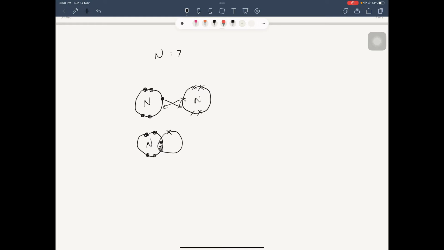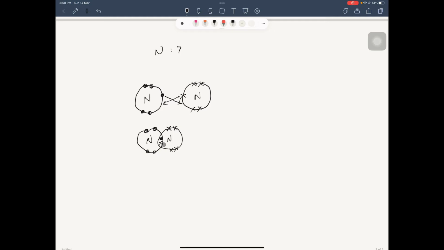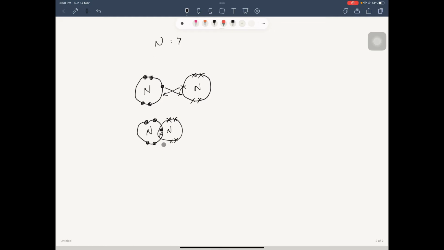So on the right, I will have 1, 2, 3, and 4. You can see that in one atom alone, you will have 6 outermost electrons: 1, 2, 3, 4, 5, 6, which has not achieved the stable configuration. So sharing 1 electron is not enough.